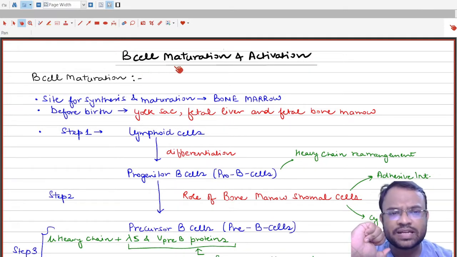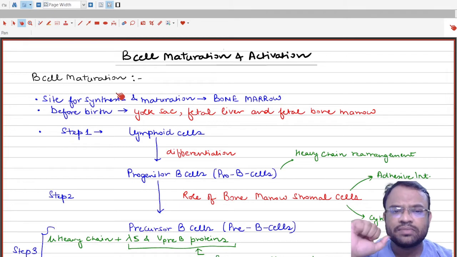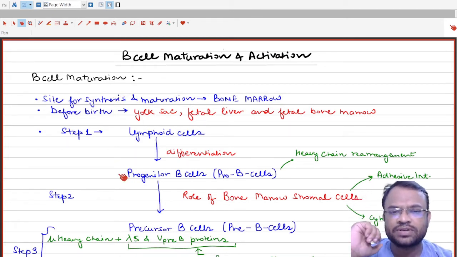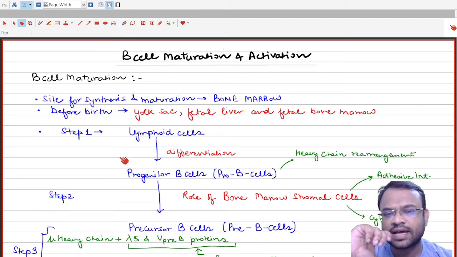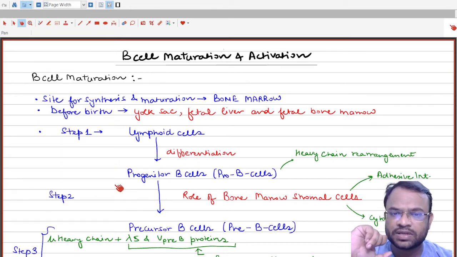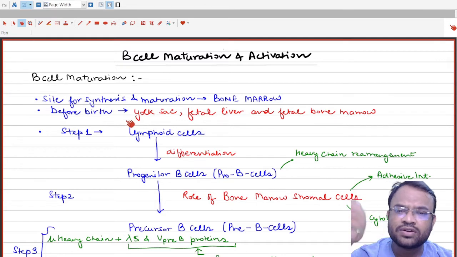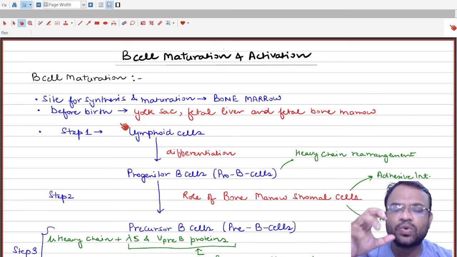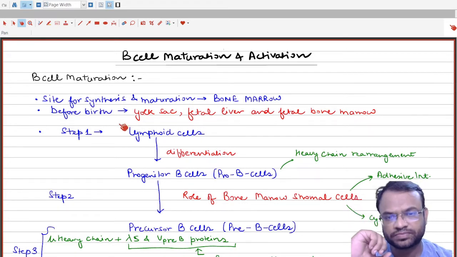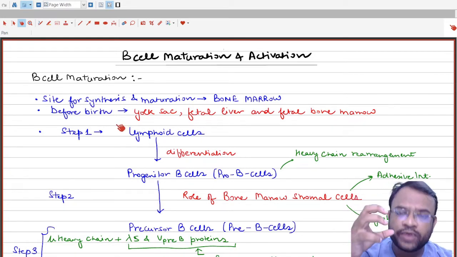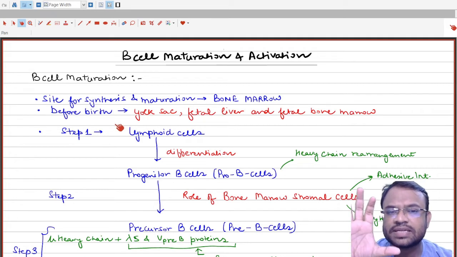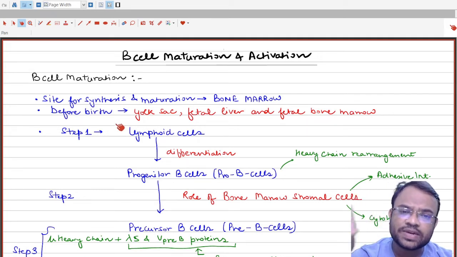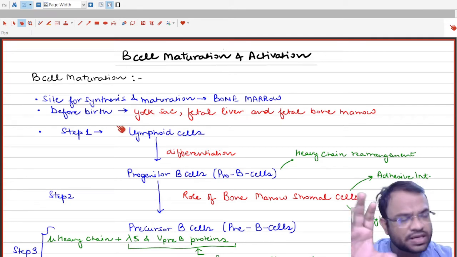B cell maturation can be divided into multiple steps; for your easy understanding, I have divided it into multiple steps. Before talking about maturation, let us first understand the site of synthesis, that means where actually the B cell gets synthesized.